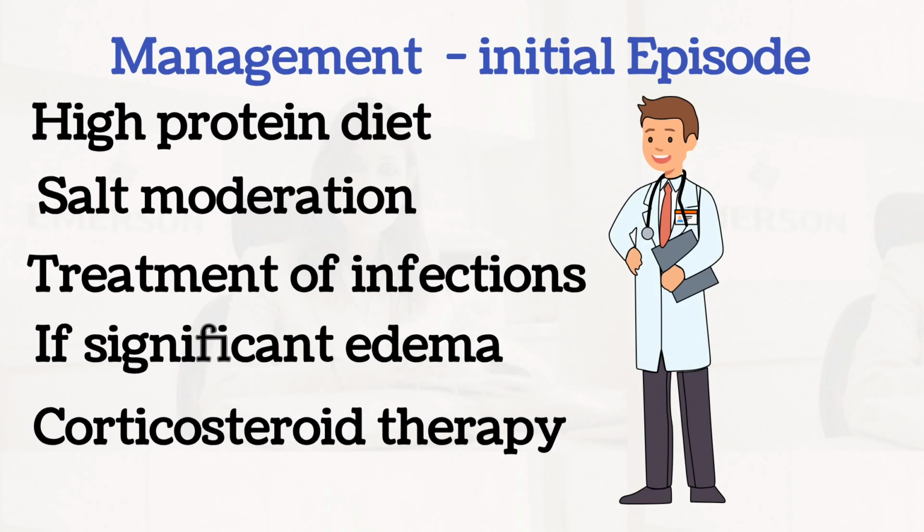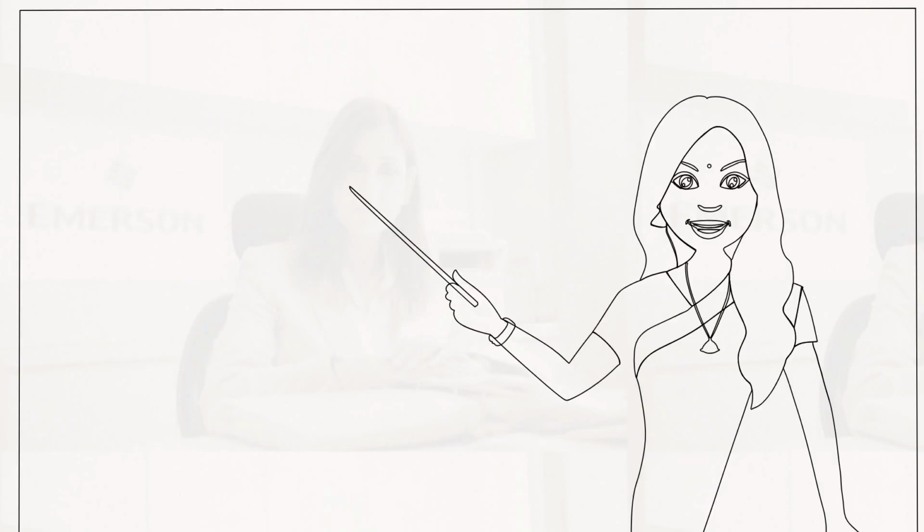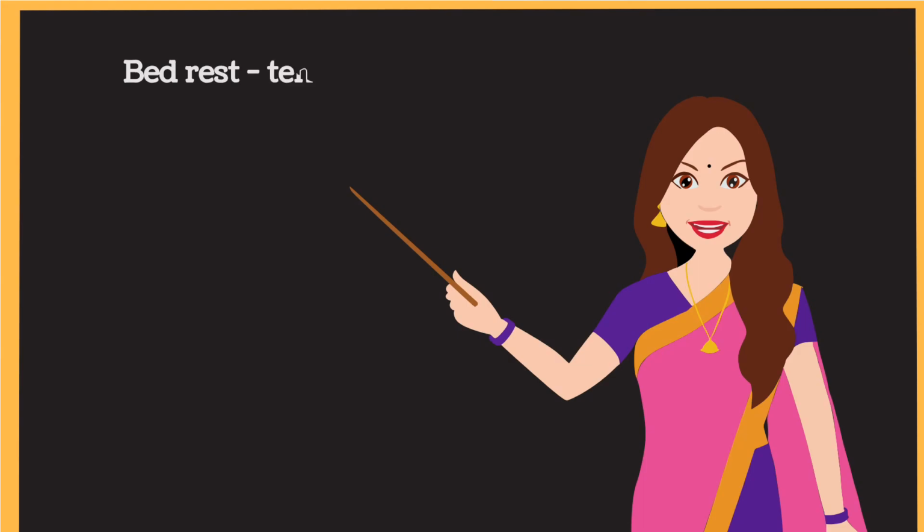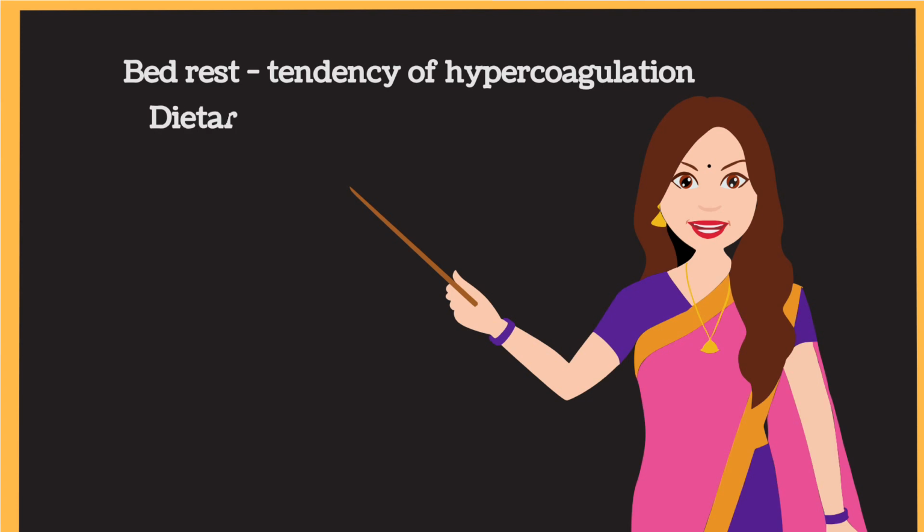The other thing you can talk about is the management of the edema. Of course, bed rest should be avoided as there is a risk of hypercoagulability. For dietary advice, you have to tell the patient not to add a lot of salt, and to take normal protein with adequate calories.